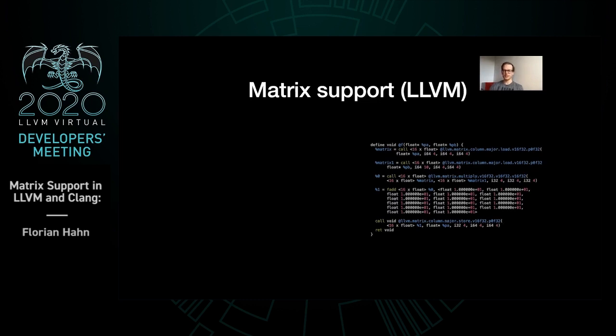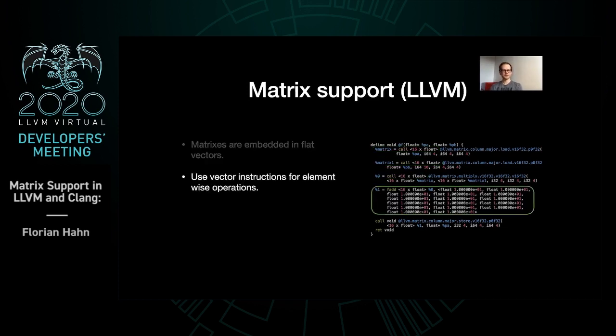And okay, now let's break this down a little bit further. On the LLVM side, the matrix values are embedded in one-dimensional vectors in LLVM IR. So our 4x4 matrices that we had on the C++ level are represented as 16-element vectors in LLVM IR.